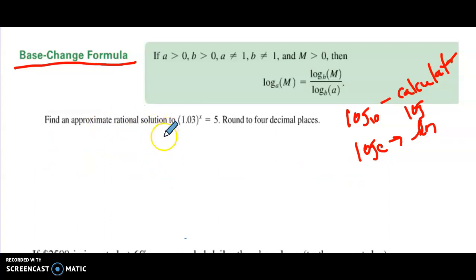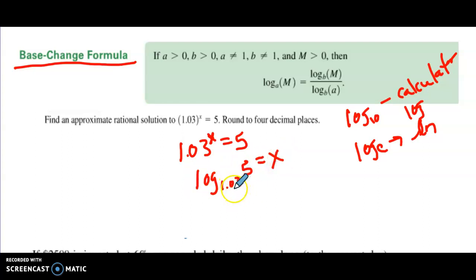So if I want to find an approximate rational solution to 1.03 to the x power equals 5, then I am going to rewrite this as a log. Okay, this is saying log base 1.03 of 5 equals x, right? 1.03 to the x power equals 5. Another way to write that in log form is log base 1.03 of 5 equals x.